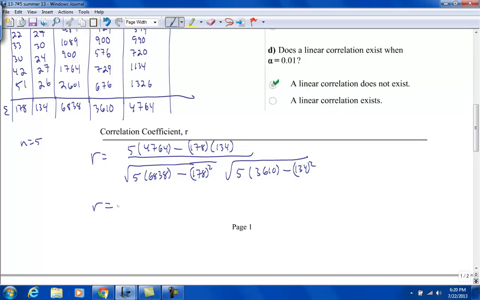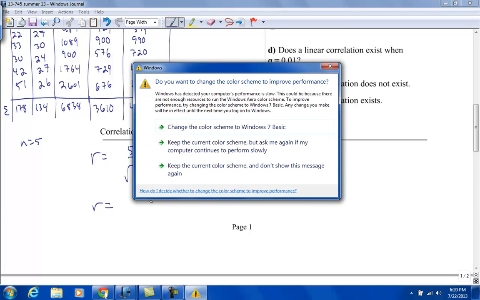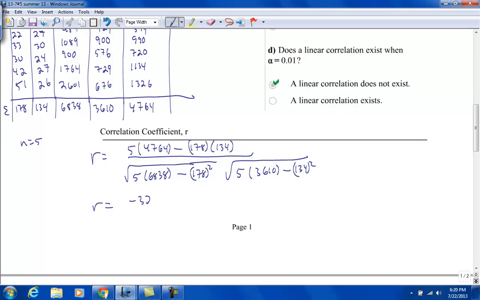So r equals, let's calculate the numerator, 5 times 4764 minus 178 times 134. And I get negative 32 for the numerator. And we have 5 times 6838 minus 178 squared, so we have the square root of 2506, times the square root of 5 times 3610 minus 134 squared.